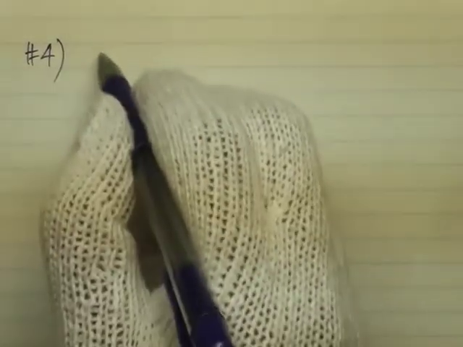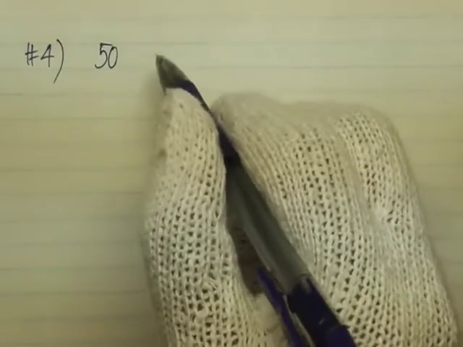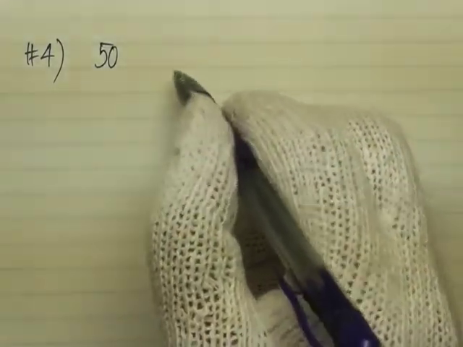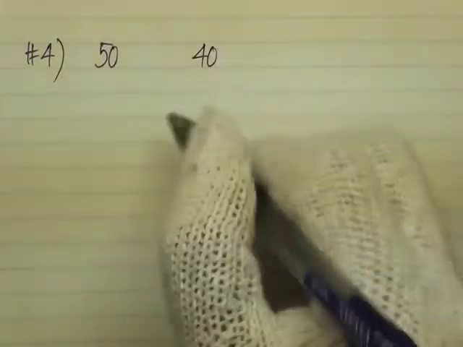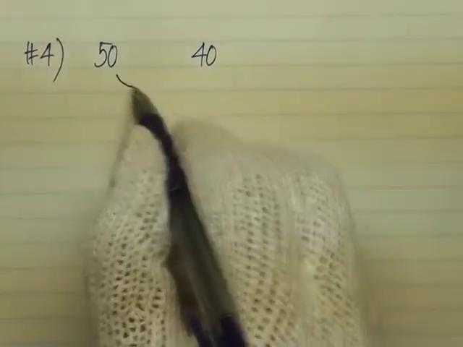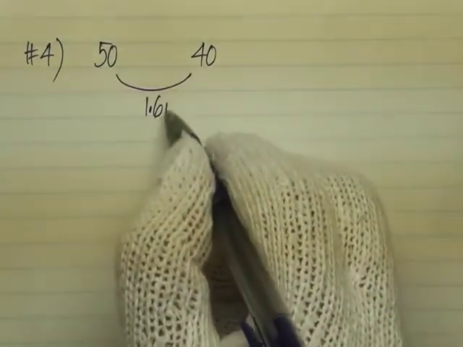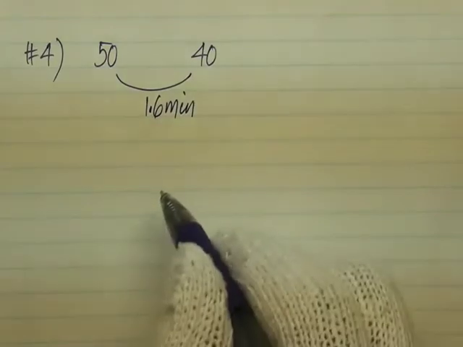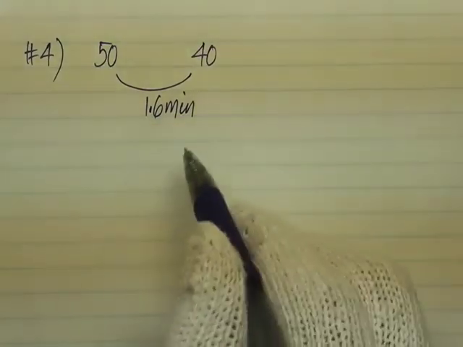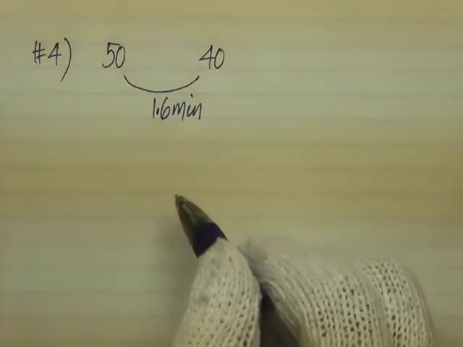So we're talking about 50 milligrams of cobalt-60. That becomes 40 milligrams after 1.6 minutes. We want to find the half-life of cobalt-60.